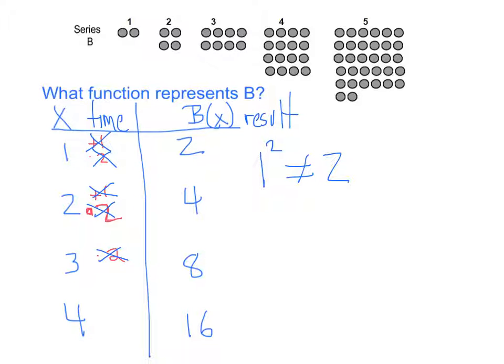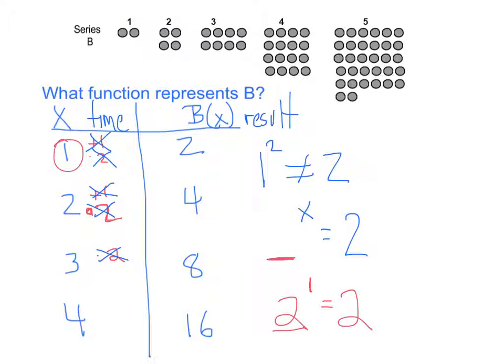In this case, something raised to the x power equals 2. We know that x is 1, because it's right here. So what that means is that the something that's missing here, raised to the first power, equals 2.